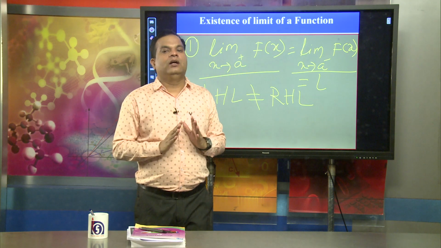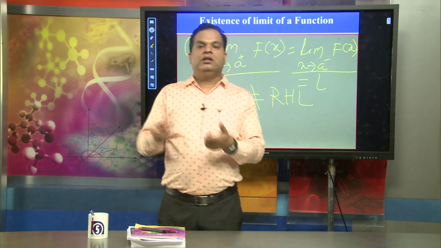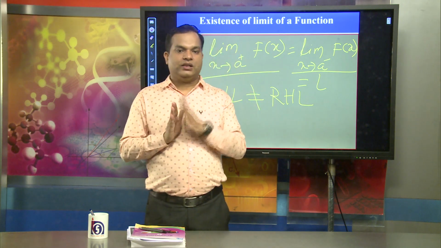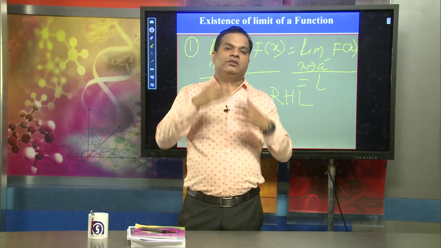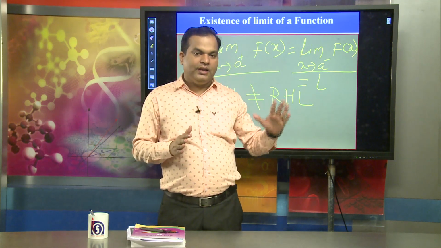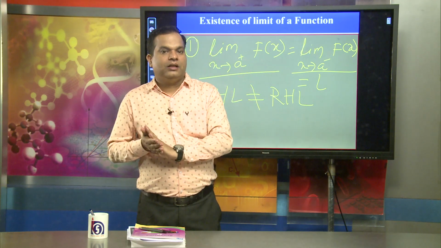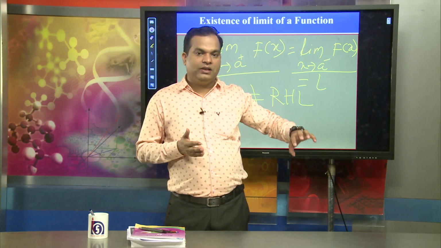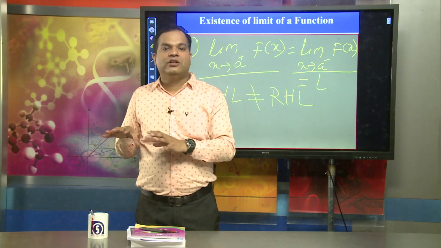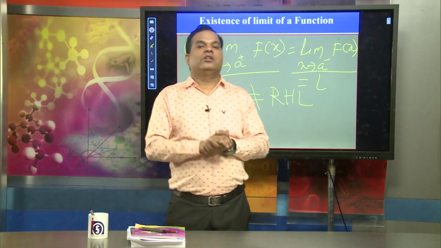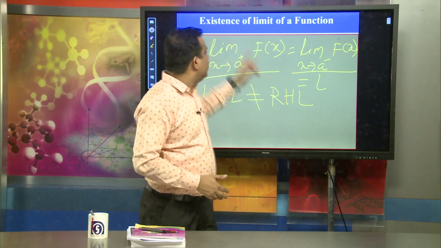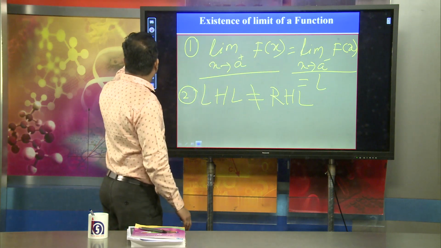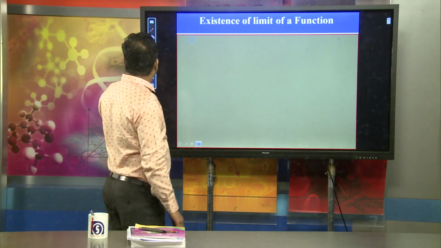So the limit of a function exists when the left hand limit equals the right hand limit. That is condition 1. And the limit does not exist when the left hand limit is not equal to the right hand limit. Condition 2 is that either the left hand limit does not exist or the right hand limit does not exist, or both do not exist. Then also the limit of the function does not exist. This is known as the existence of a limit.